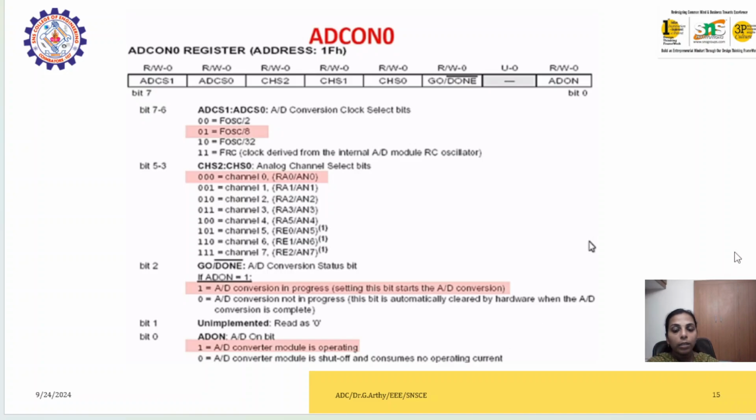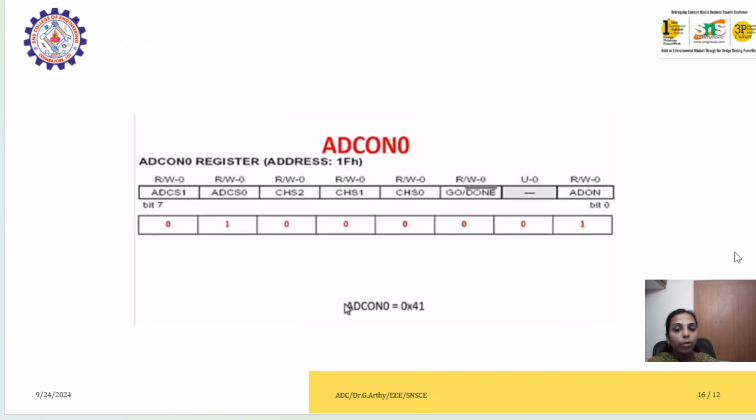These are the bits available in ADCON0. If I want to vary a particular bit of the ADC registers, we can do it the same way as we did with the TRIS registers for controlling ports. This is how we can enable any single bit.